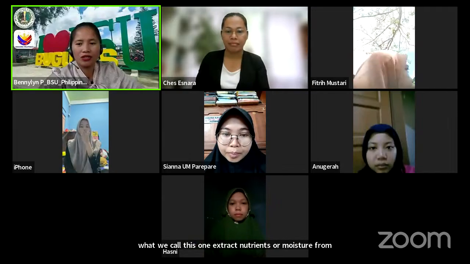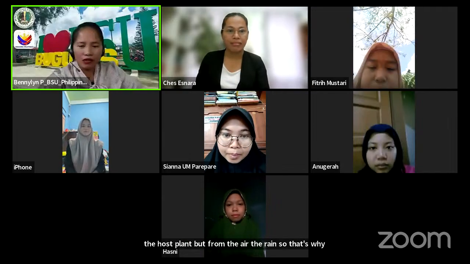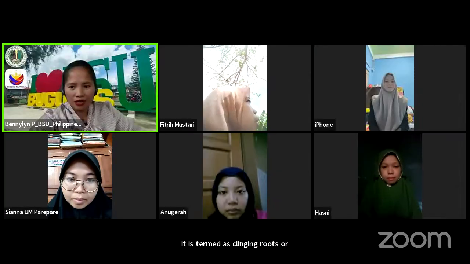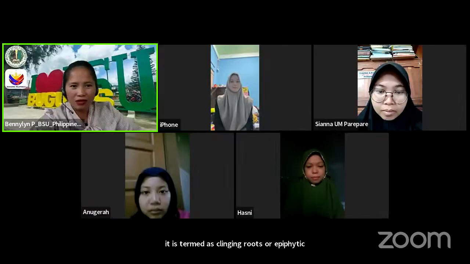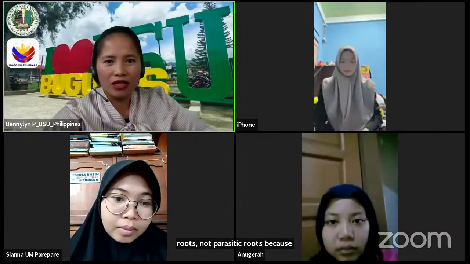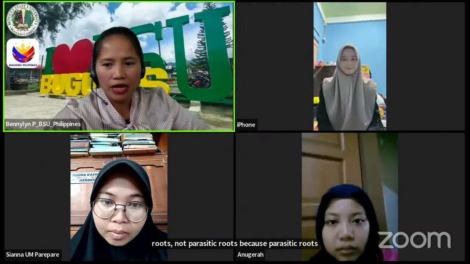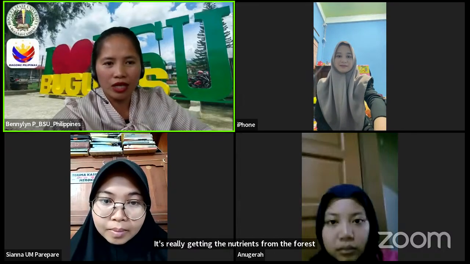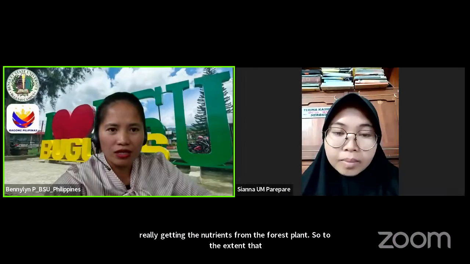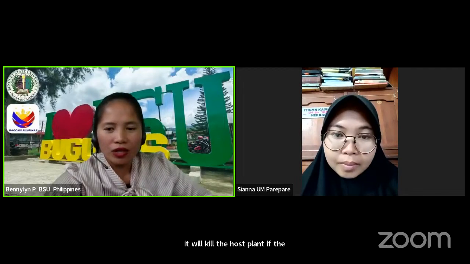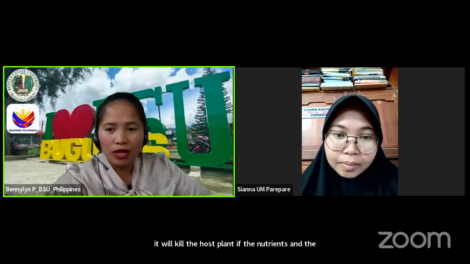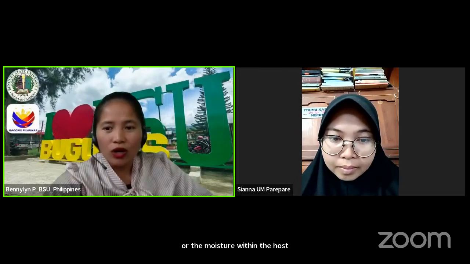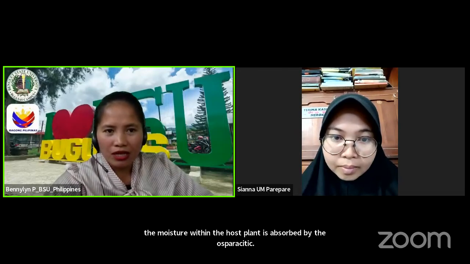That's why they are termed clinging roots or epiphytic roots, not parasitic roots, because parasitic roots really get the nutrients from the host plant, to the extent that it will kill the host plant if the nutrients and moisture within the host plant are absorbed by the parasite. So orchids are not a parasitic group.